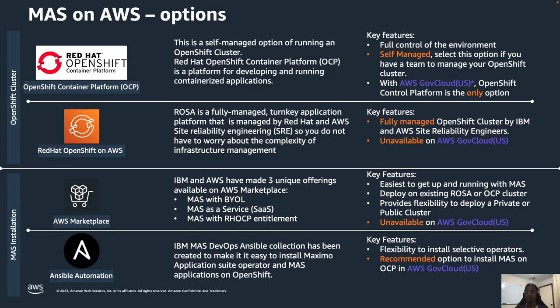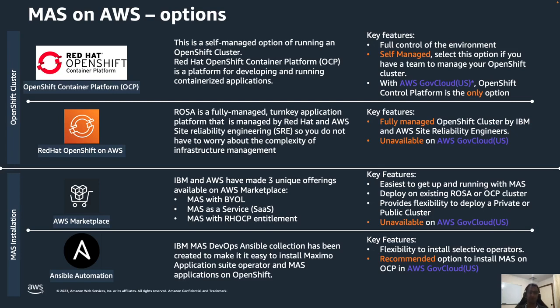On AWS GovCloud, as AWS Marketplace is not an option, using Ansible automation to install MAS is the best option for you. Remember, you can do ClickOps, essentially using a browser and clicking on buttons to install MAS on an OpenShift cluster.